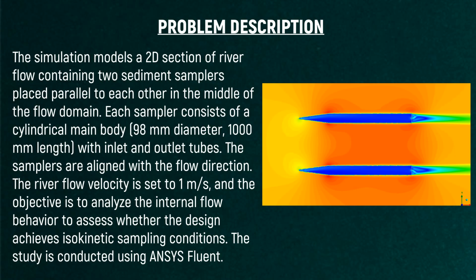The samplers are aligned with the flow direction. The river flow velocity is said to be 1 meter per second. Our objective is to analyze the internal flow behavior to assess whether the design achieves isokinetic sampling conditions. The study is conducted using ANSYS Fluent.